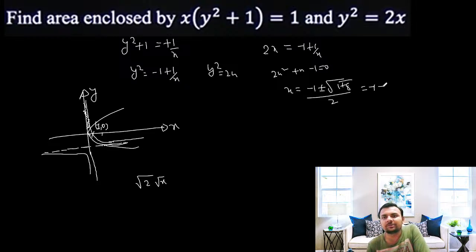This is minus 1 plus minus 3 by 2 times 2, so minus 1 and 1/2. X equal to minus 1, they will intersect. So two roots are coming.